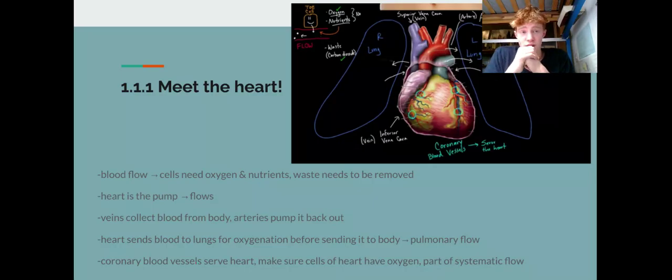So it's very important because our blood cells need oxygen and nutrients. Without those, we cannot live. And the waste needs to be removed. So your heart is a pump, and it pumps blood, meaning it absorbs blood and it pushes it back out. So I'm going to give you a very superficial explanation of the difference between arteries and veins.